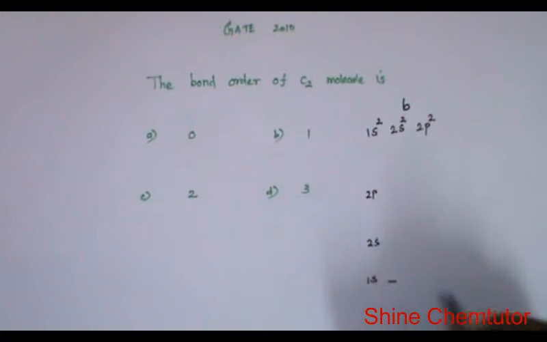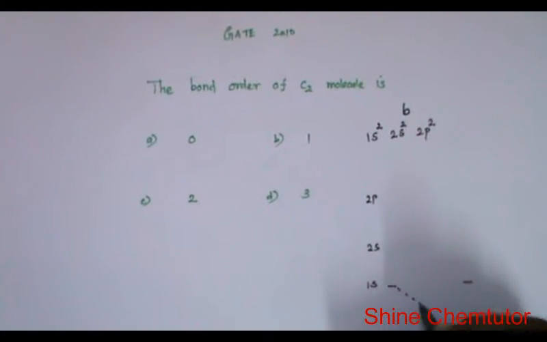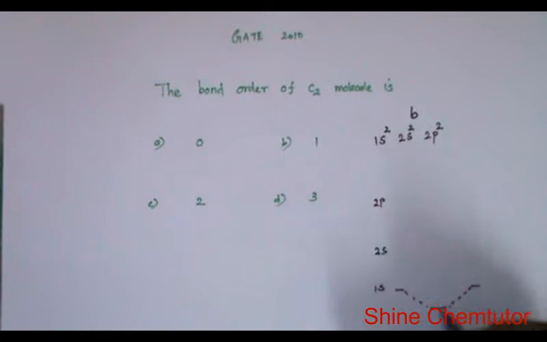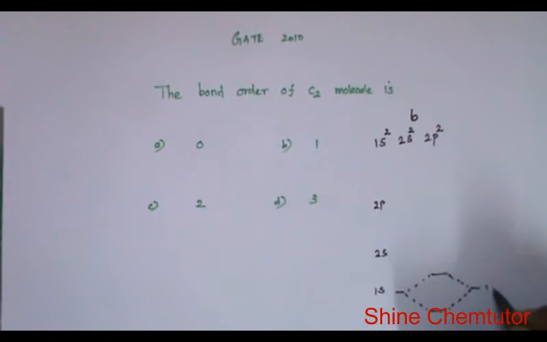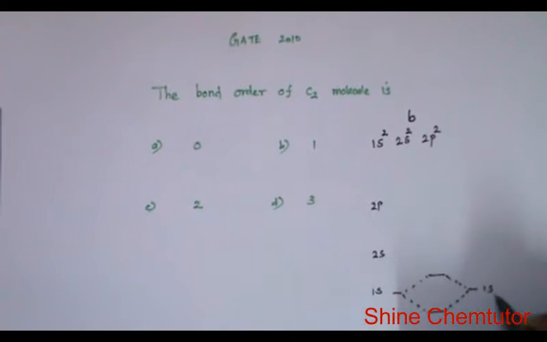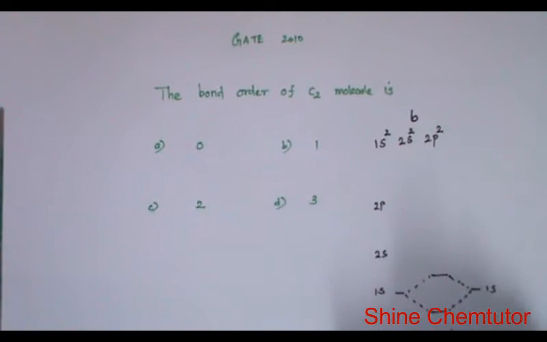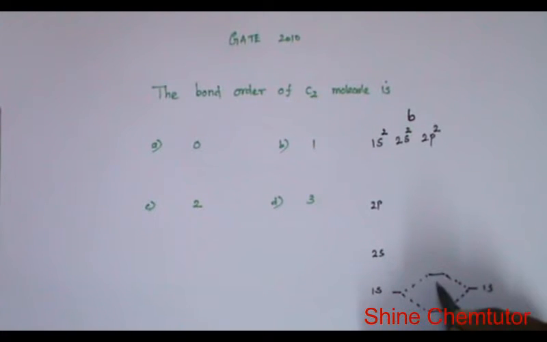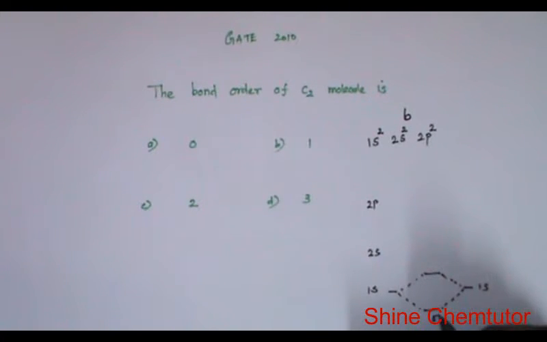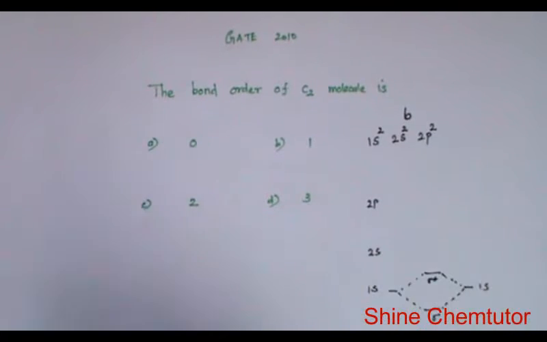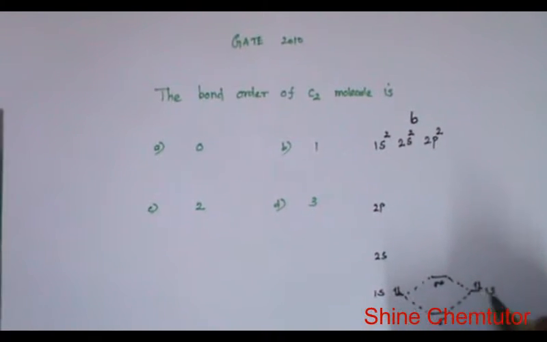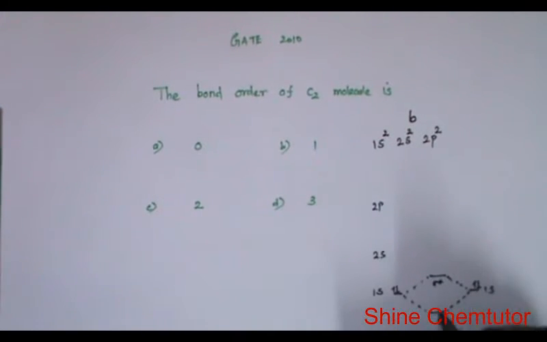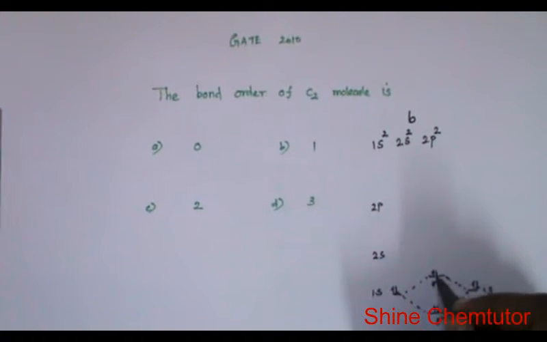In 1s we have only one orbital, so 1s of one carbon atom and another carbon atom combine to form a bonding orbital and an anti-bonding orbital. So this is sigma, sigma dash. In this there are 2 electrons. Similarly for the other carbon atom there will be 2 electrons. These 4 electrons will be accommodated here.